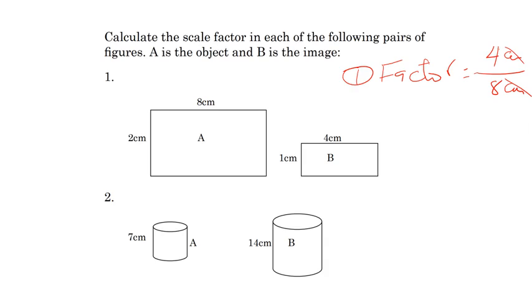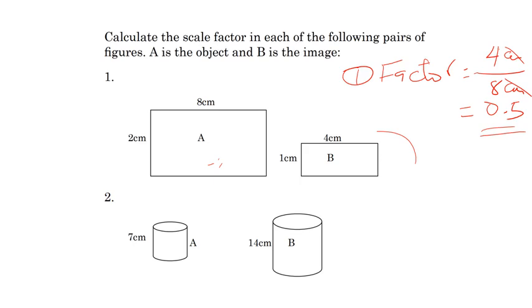So 4 divided by 8 will give you 0.5. So this is less than 1. You can see that the image is smaller than the object. So those are the areas that you need to understand in this. The first example, we showed that the image was bigger than the object.